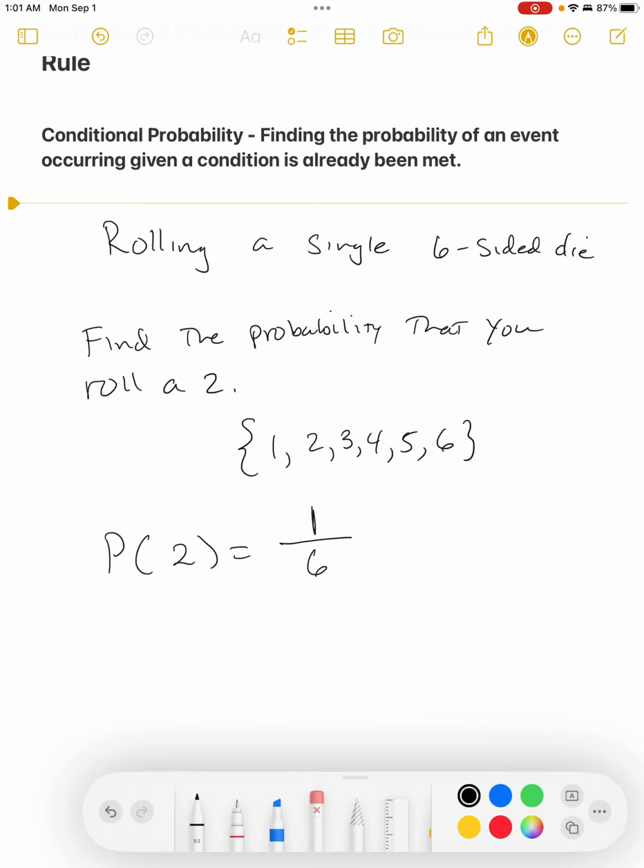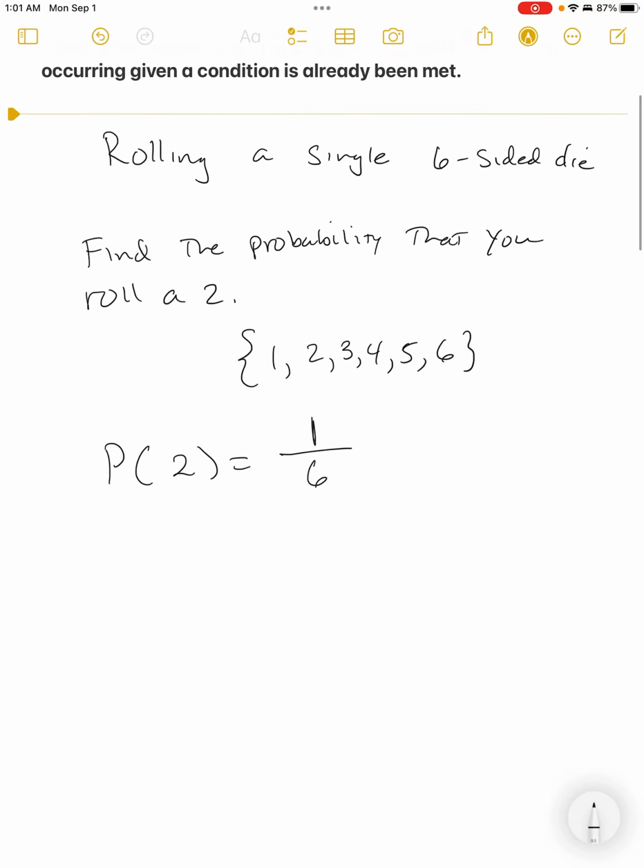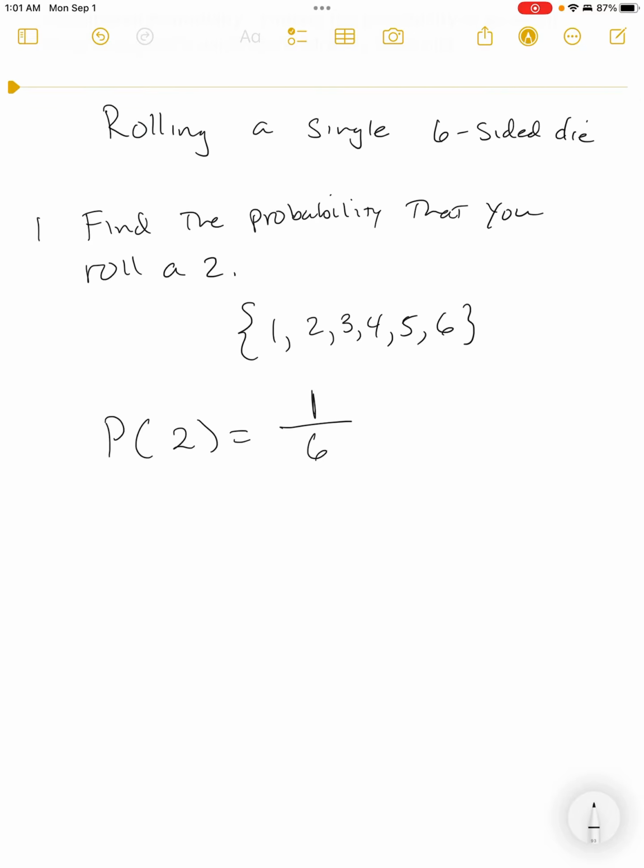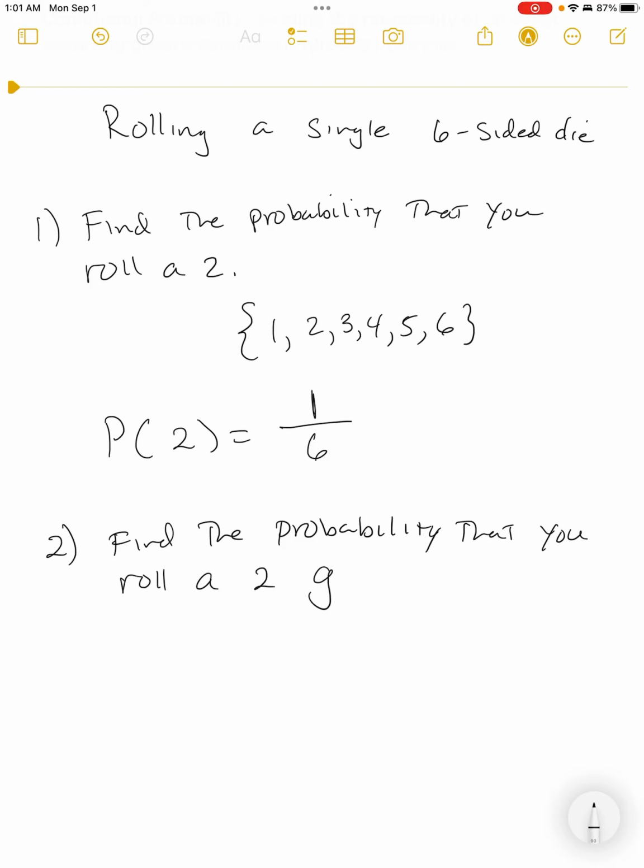The question now is going to be a little bit different. We're still going to roll a single six-sided die. So this was question 1. How about number 2, this question? Find the probability that you roll a 2, I'll keep it the same, given the outcome is even.